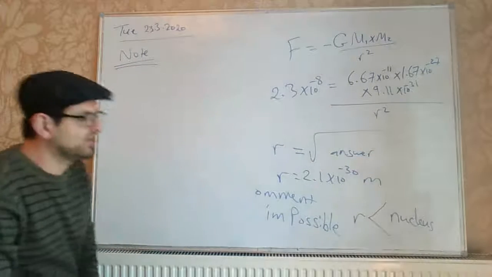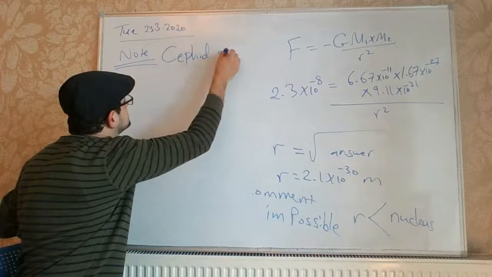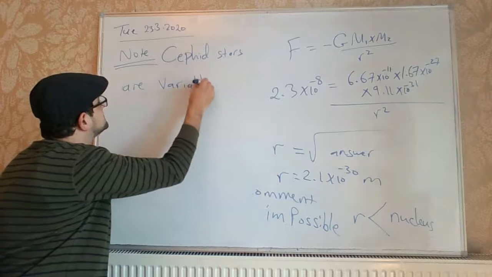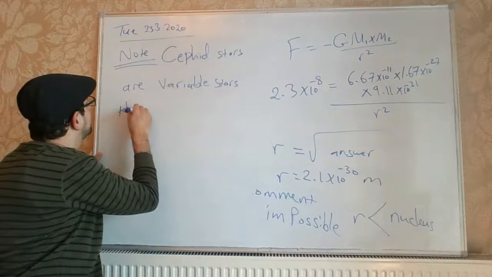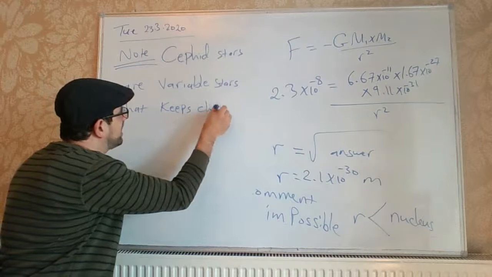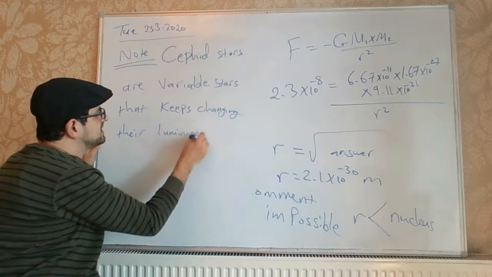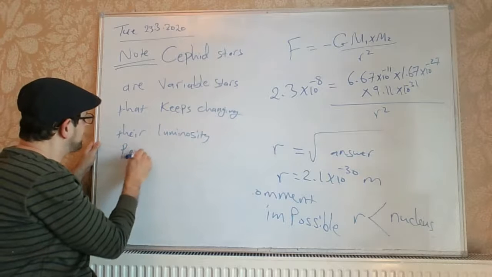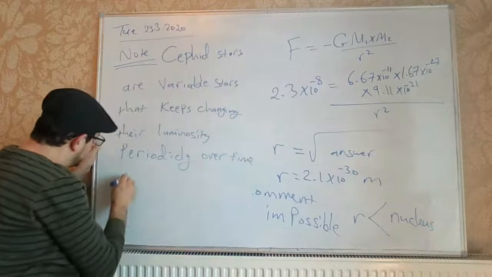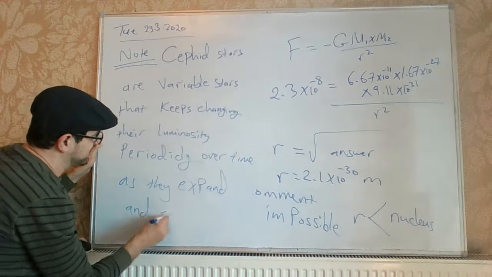Okay. We have something called Cepheid stars. Cepheid stars are variable stars that keep changing their luminosity periodically over time as they expand and contract.